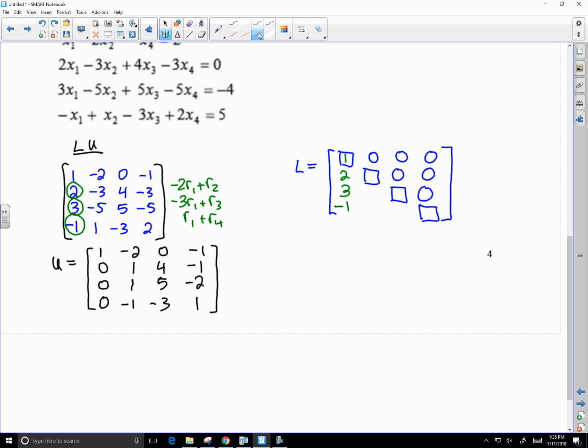So then we're going to row reduce again, working off of this guy. So negative R2 plus R3, and then R2 plus R4. So we're looking at 0, 0, 1, negative 1.